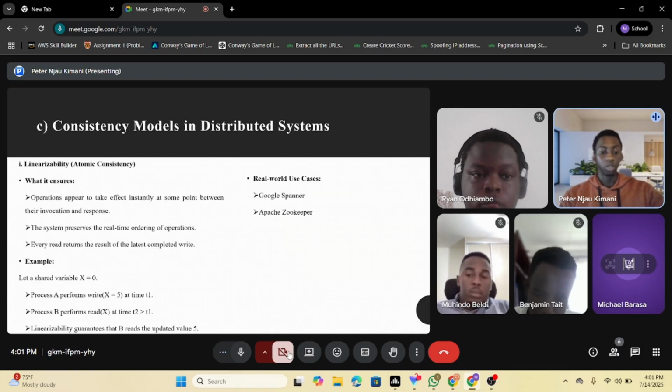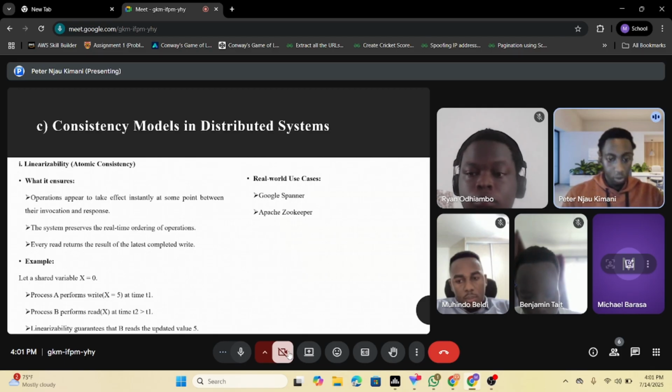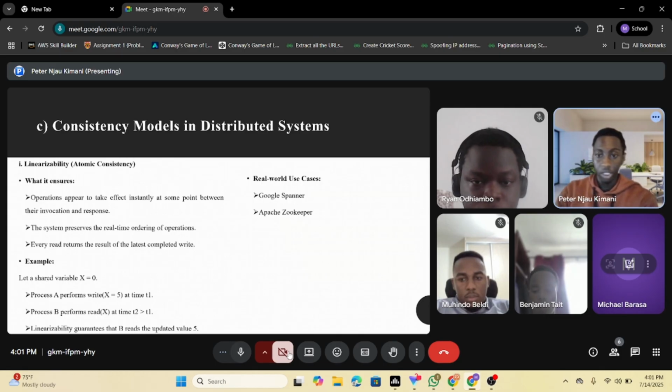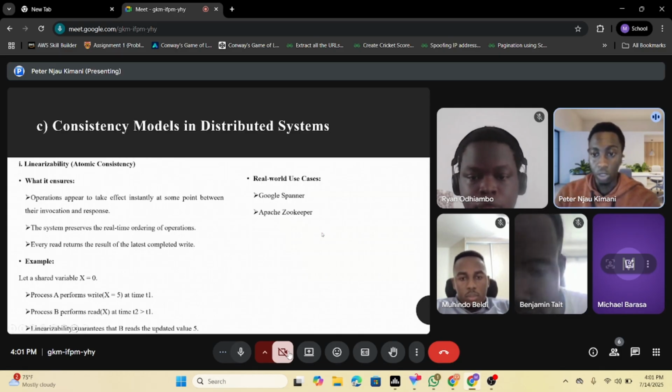Then process B reads what is written in x at time 2. So this implies that time 2 comes after time 1. So this principle, linearizability, guarantees that B reads the updated value, which is 5. Real world examples are Google Spanner and Apache Zookeeper.